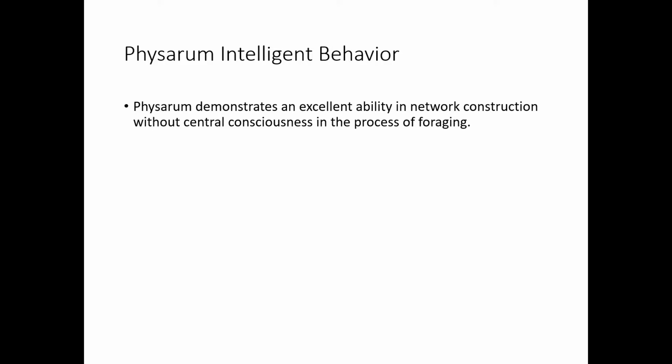As you have seen, Physarum demonstrates an excellent ability in network construction without central consciousness in the process of foraging. They don't actually have brains, but with simple communication they are able to show this marvelous intelligent behavior.